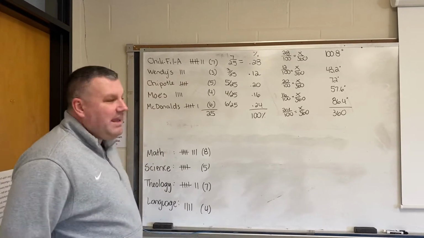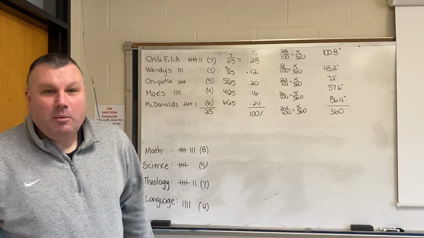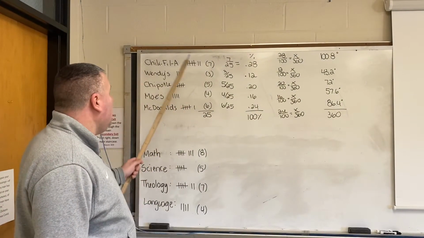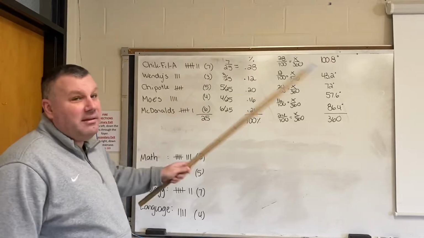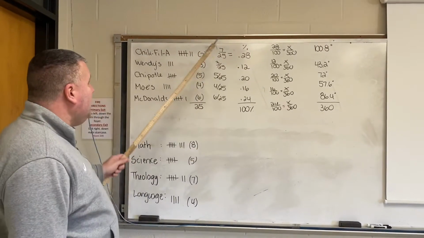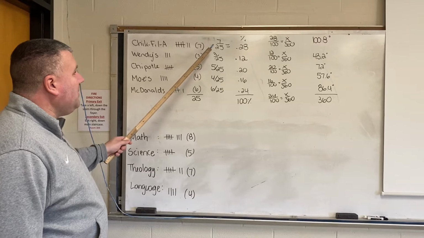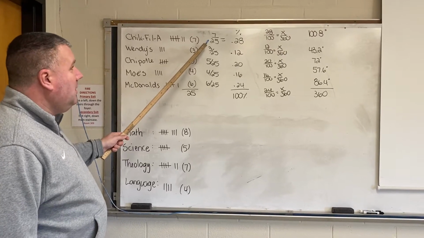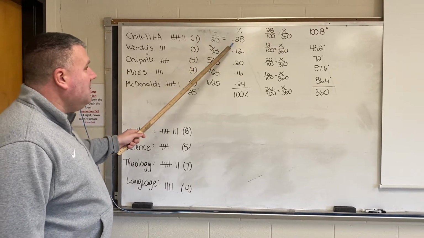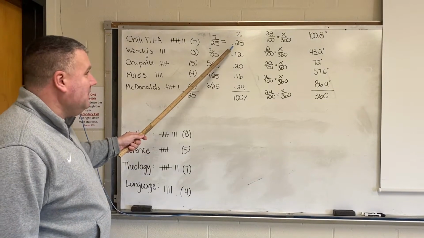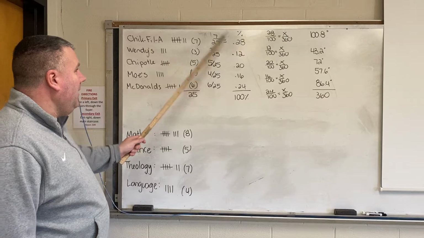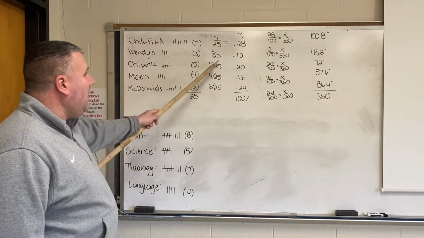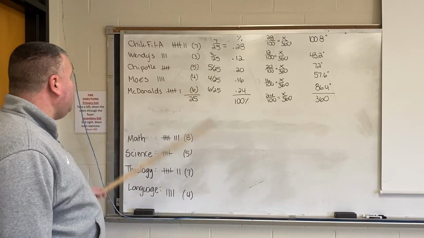To calculate the percent, we have to divide the number of responses for a particular restaurant by the total. There were 7 responses for Chick-fil-A out of 25 total. 7 divided by 25 is 28%, so 28% of the people responded that they wanted Chick-fil-A. Wendy's was 3 divided by 25, which is 12%.